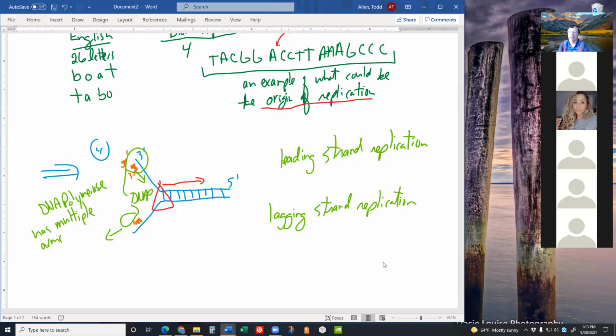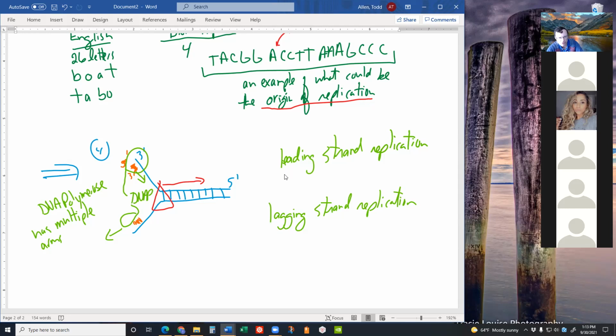Okay, it looks like most of you are picking this up. Good. I'm very happy about that. Okay, it is the top strand. Leading strand replication is replication where the arm of DNA polymerase is moving naturally in the same direction that the helicase enzyme is unzipping.